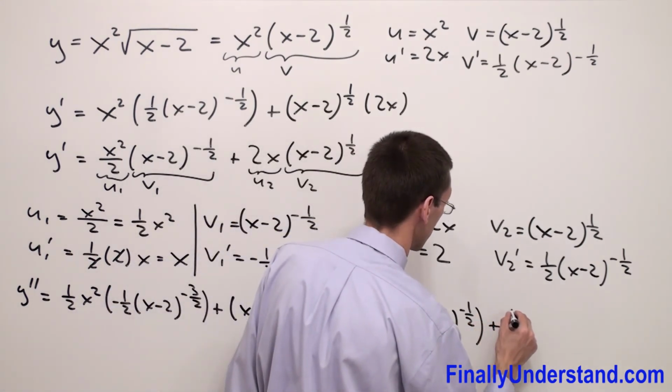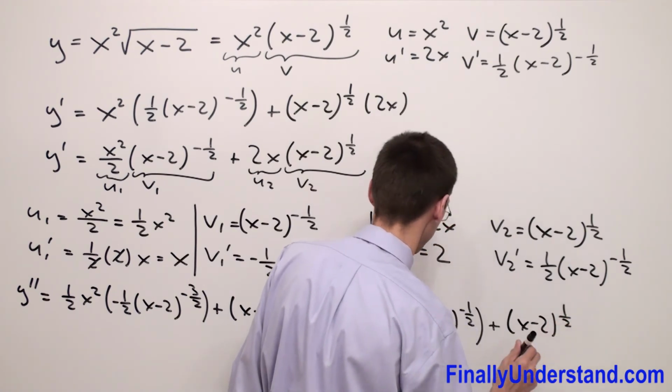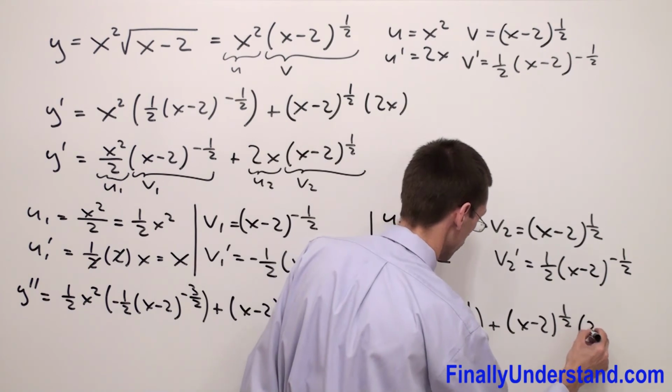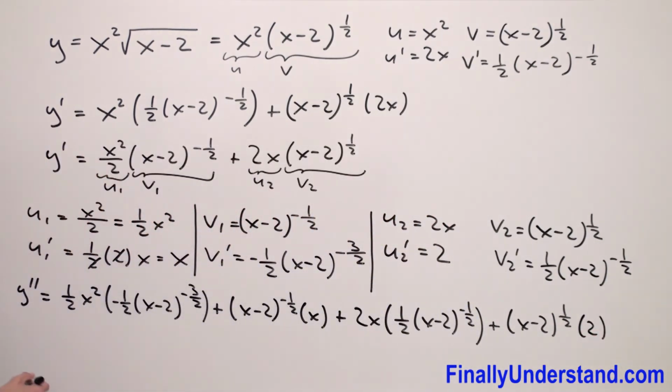In this case, we have (x minus 2) to power 1/2 times u2 prime, which is 2. Okay, now we're supposed to multiply and combine the like terms.